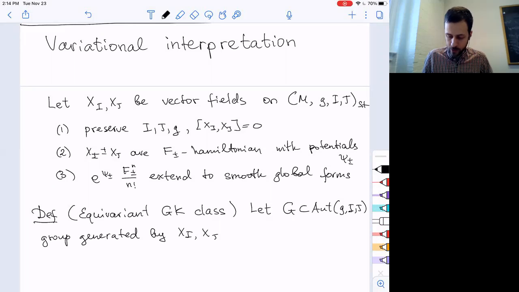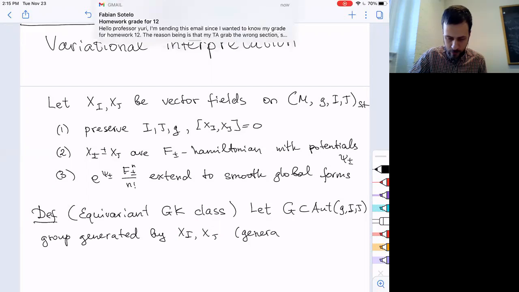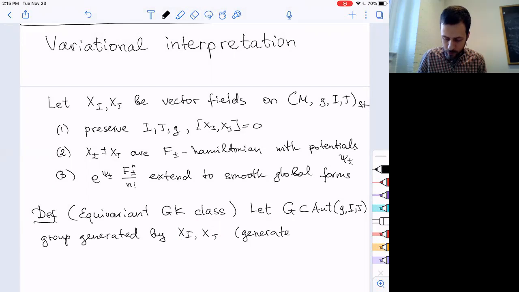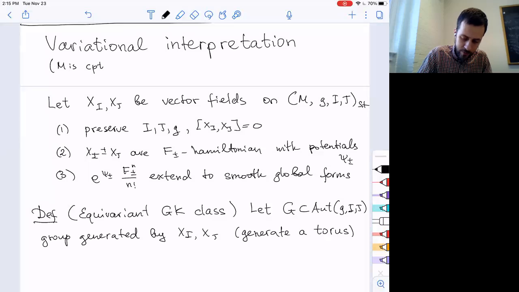So I consider a group generated by these two vector fields. Well, they commute, and G is a subgroup of the isometry group. So these two vector fields actually generate a torus. Again, maybe I should add that here my assumption is that M is compact.